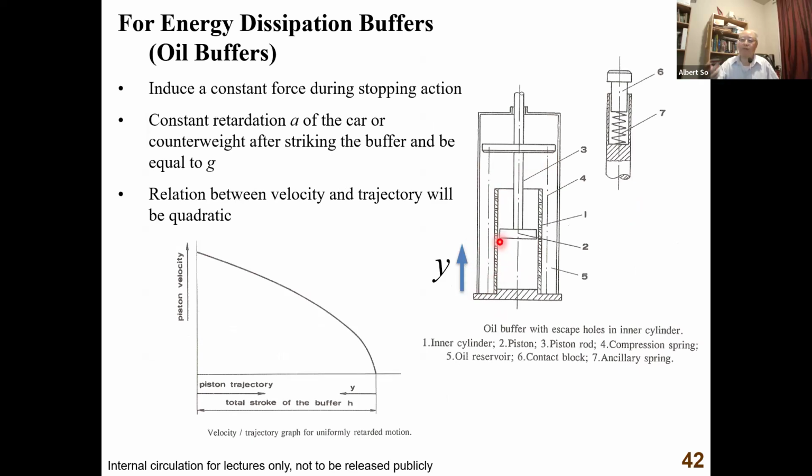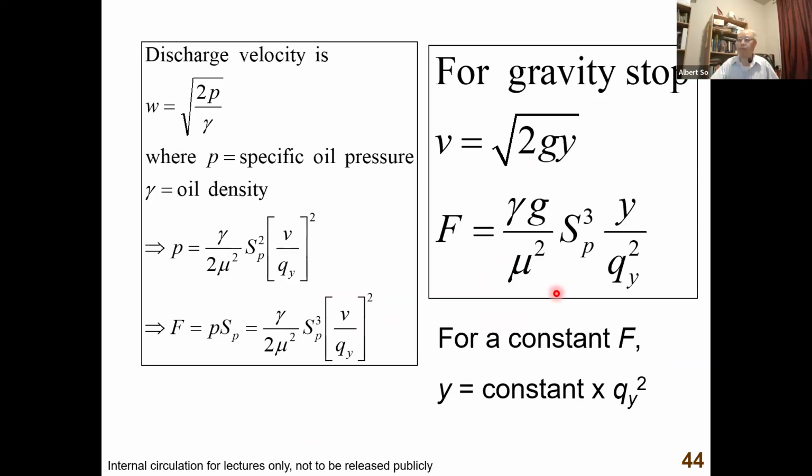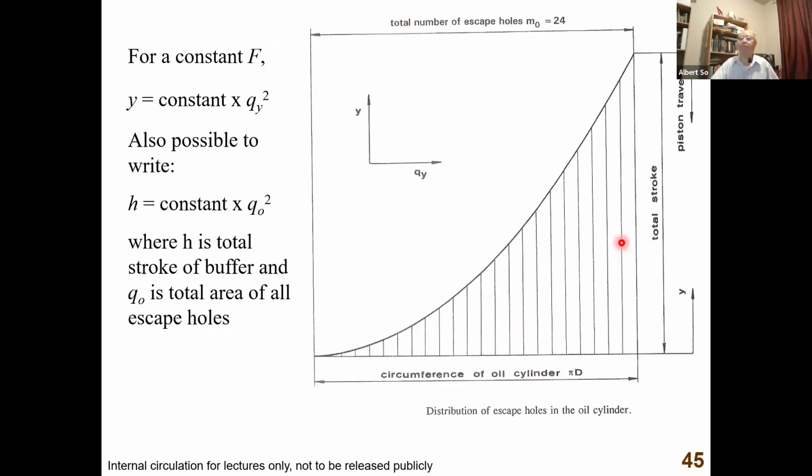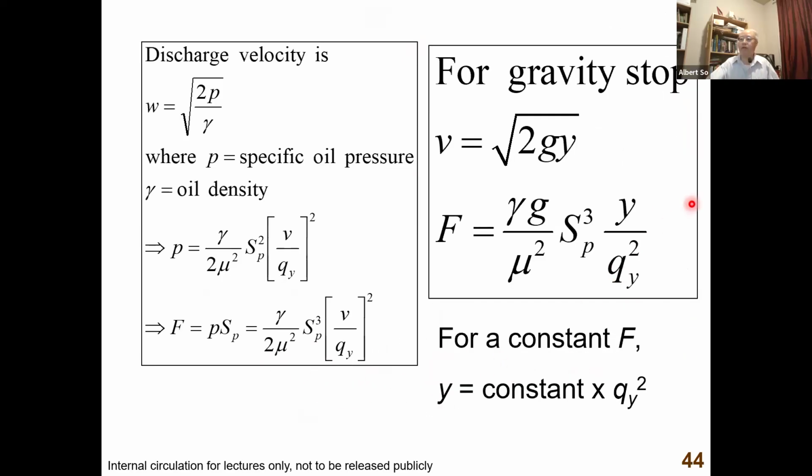That means, in order to have a constant force acting backward to stop the car under gravitational deceleration, you need the distance here proportional to the square of the area of the holes. That is what you need to design your inner cylinder. This is a curve giving the relationship between the total stroke, y, and the distribution of holes. What's important is this relationship.